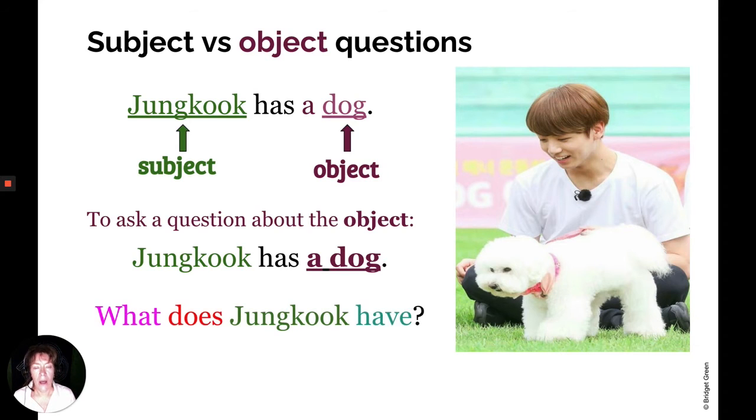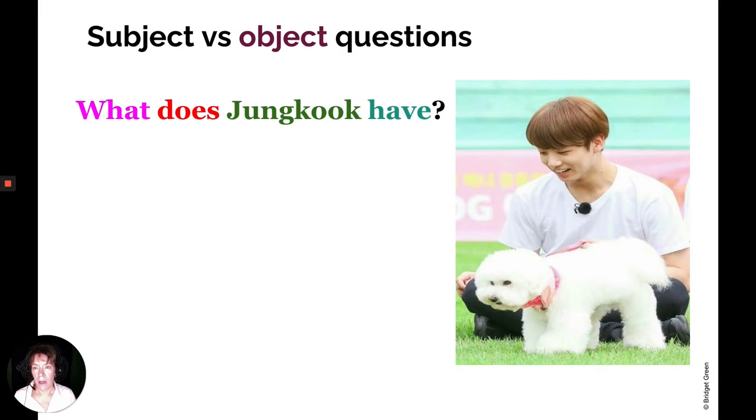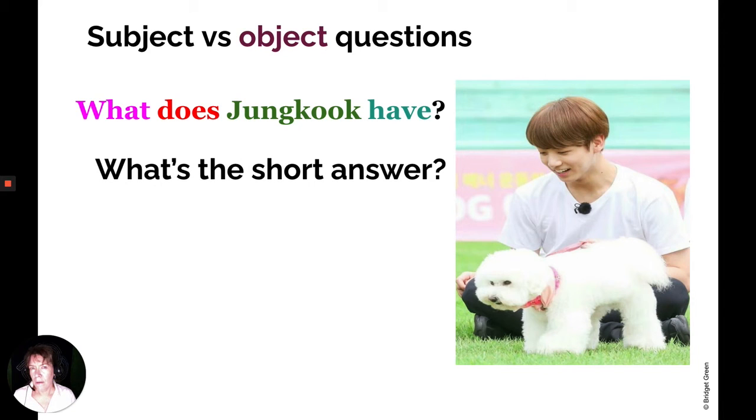You would say, what does Jungkook have? Great. You flip the subject and the auxiliary. You add WH at the beginning. Yay. Okay? What does Jungkook have? Nice. What's the short answer? Good. A dog.